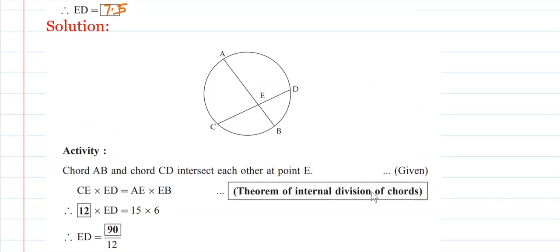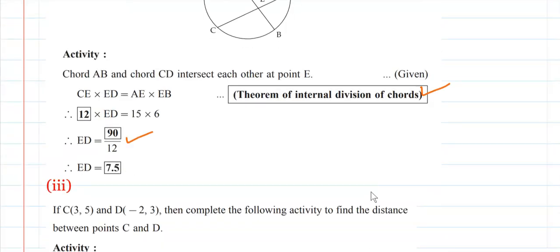Chord AB and CD intersect each other at the point E. Therefore, CE into ED is equal to AE into EB. That is the theorem of internal division of chords. Next, the value of CE is 12. 12 into ED is equal to 15 into 6. Therefore, ED is equal to 90 upon 12. And the next division, ED is equal to 7.5.